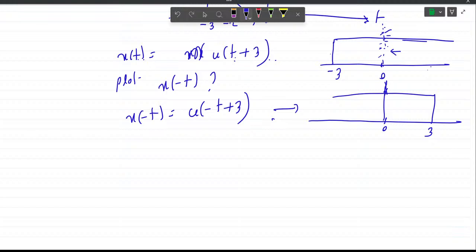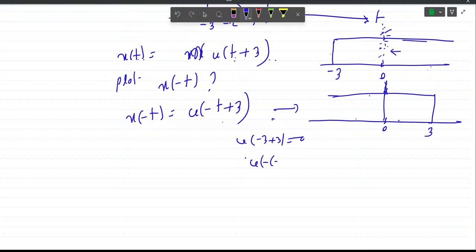Another way to check whether you have drawn it correctly or not: just put in a value, x of 3. When I put this value, minus 3 plus 3 is 0, okay, it exists. Some other value, like I have shown, this value exists. So let's say I put minus 1.